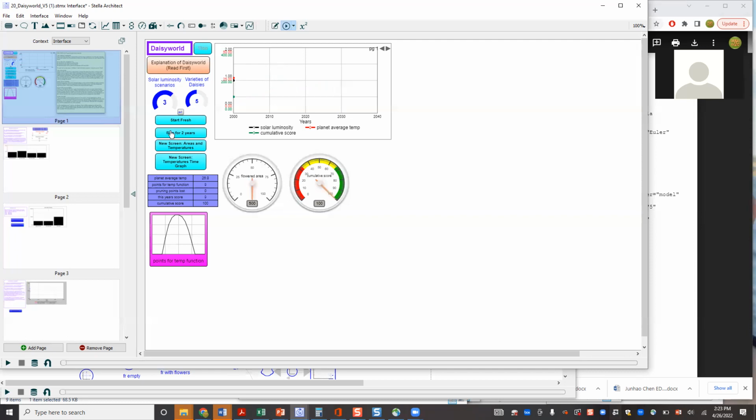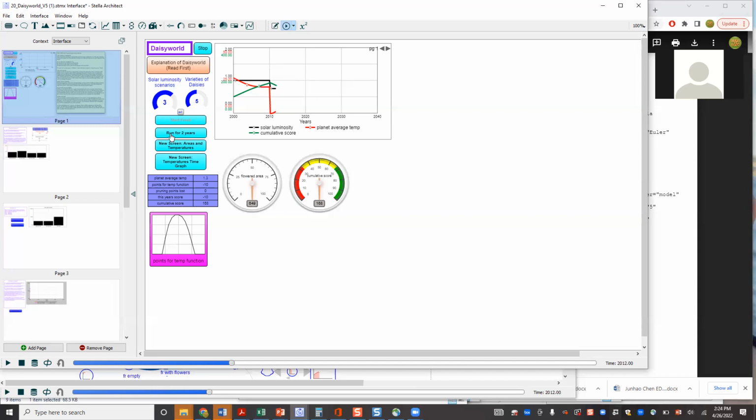So we try that and run it, and not surprisingly, for the first 10 years, it's basically doing what it was doing in the first model. But here we expect to see this drop in solar luminosity, which goes way down, because that's what we told the model to do. And again, the instant it does that, you're seeing a drop in points, because it's way outside of its optimum conditions.